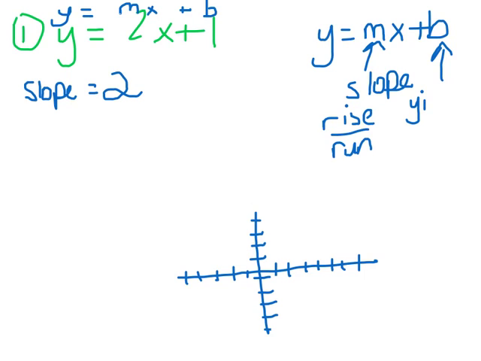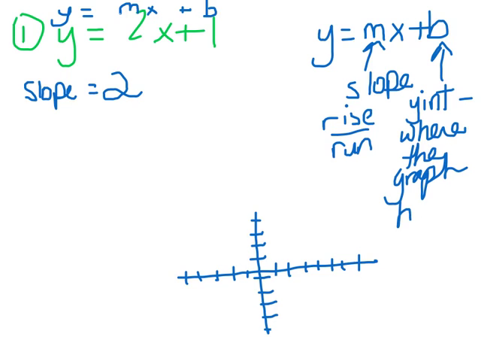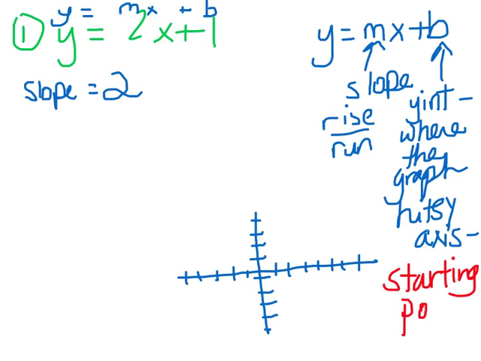It's where the graph is going to hit the y-axis. I can also call it my starting point. We usually say that's the y-intercept, but that's where I'm going to start graphing from. So I'm going to call it also my starting point just because it's helpful to think of it that way, especially if you're kind of fuzzy on all this stuff.